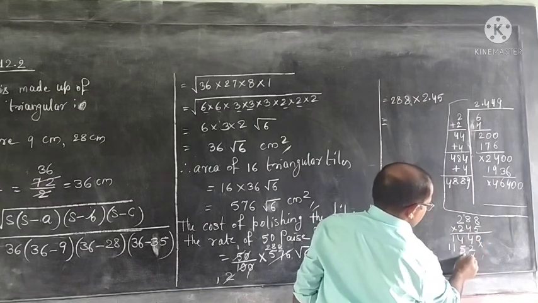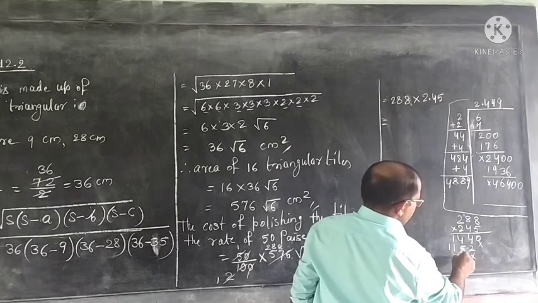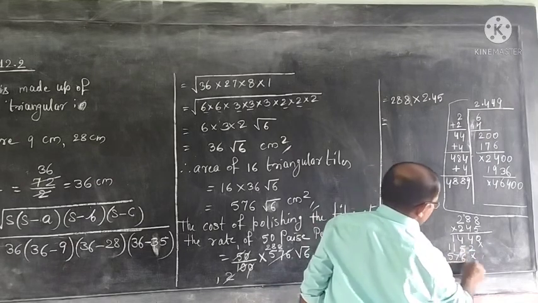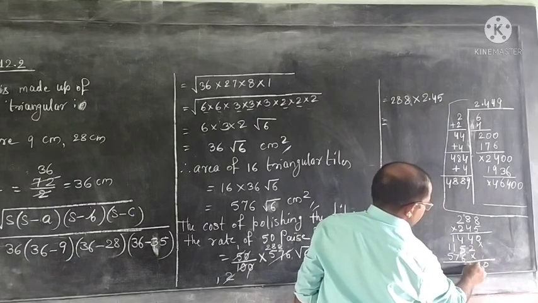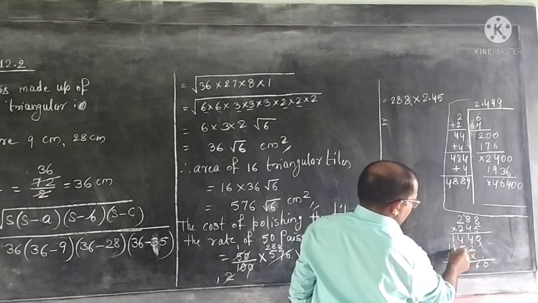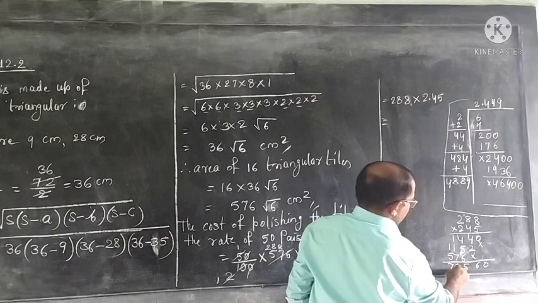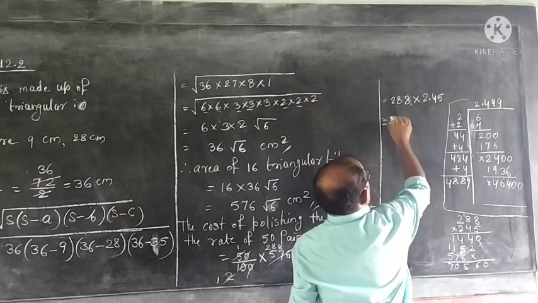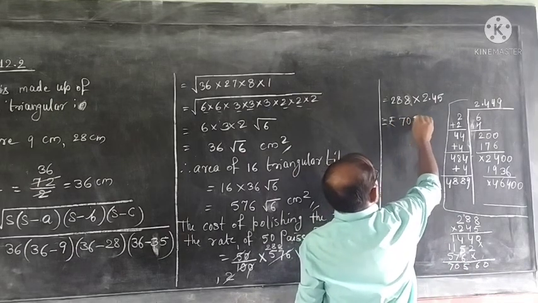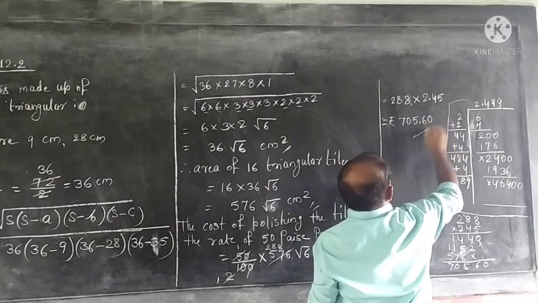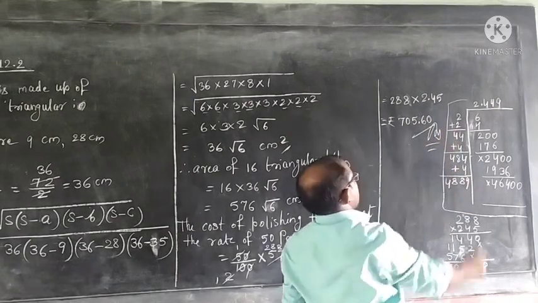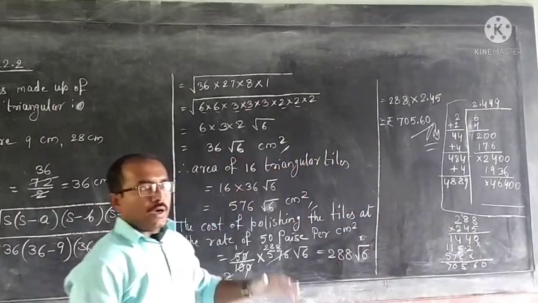Again, 8 2s are 16, 1 17, 2 2s are 4, 1 5. So, we get here 0 4 2 6, 4 5 9 6 15, 2 3 7 10, 5 1 6, 1 7. So, we are getting rupees 70560. After 2 digits we put the decimal and we find the cost of polishing 16 triangular tiles at the rate of 50 paise per centimeter square.